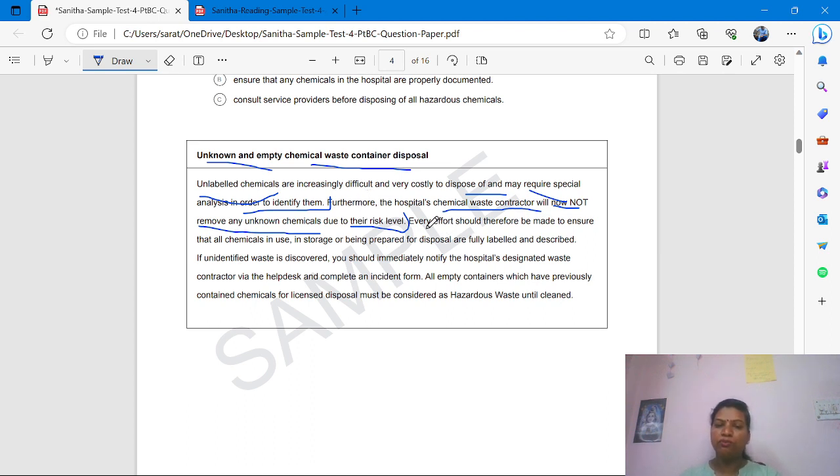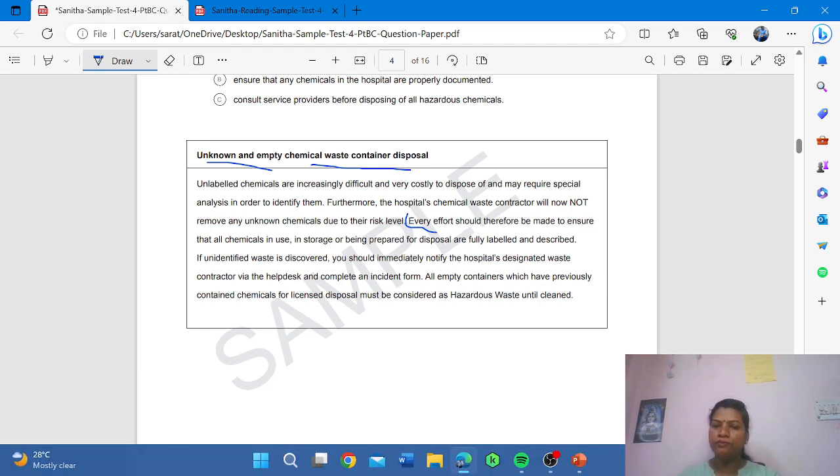Every effort, what we have to do, every effort should therefore be made. We have to read thoroughly and understand the meaning.